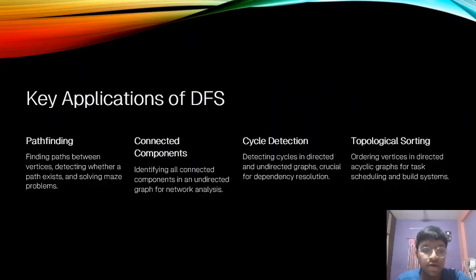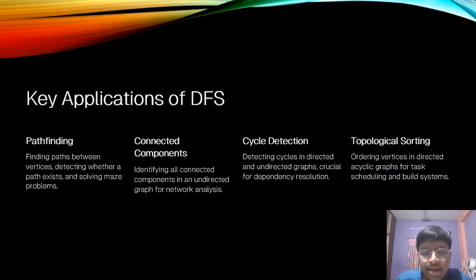Key applications of DFS: pathfinding, connected components, cycle detection, and the last one, topological sorting. Pathfinding means finding a path between vertices and detecting whether a path exists. Connected components means identifying all components in an undirected graph for network analysis.